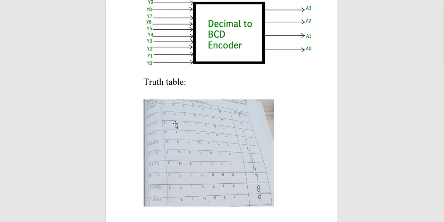So how will you keep them? The first will be kept high, second will be kept low, third will be kept low, and the rest, 4, 5, 6 and 7, will again be high. If your second and third inputs are low, then 1 will be displayed on your decimal decoder. Okay, that is how it is used. You all have understood.